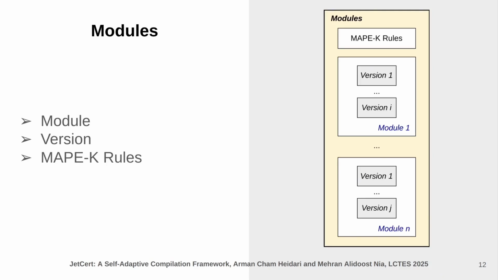And a module is a structure in which developers of the embedded application can implement several versions to satisfy self-adaptive requirements. At runtime, JetCert adaptively shifts between different versions of each module based on the captured change in the environment.